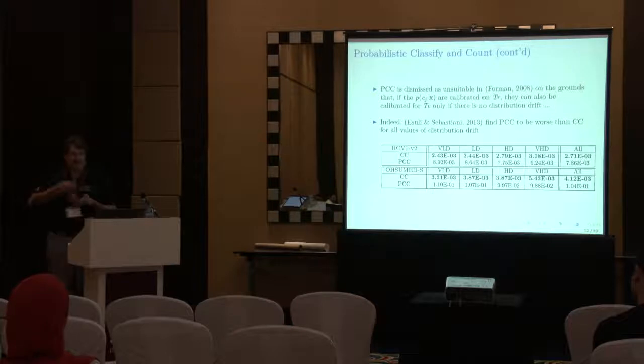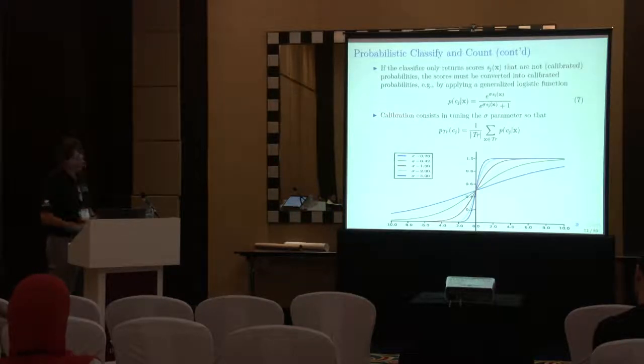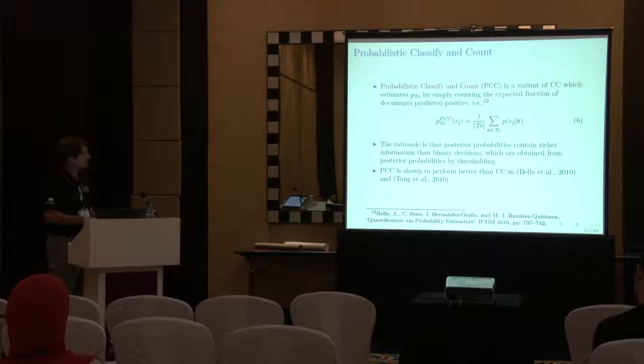Well, yes, but it's a case in which probabilistic classify and count uses classification in order to solve quantification, and you say that in order to do better classification, we should do quantification. So it's a bit cyclic, you know.